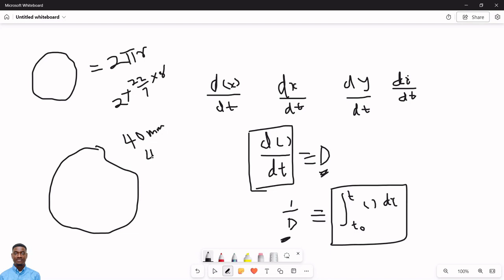So I know that 40 equals 2 pi r. All I need to do is find the radius that will give me this 40. So my radius equals 40 divided by 2 pi. From here, I will get a radius that will give me this 40 as a circumference. So that is just the basics of mathematical models.